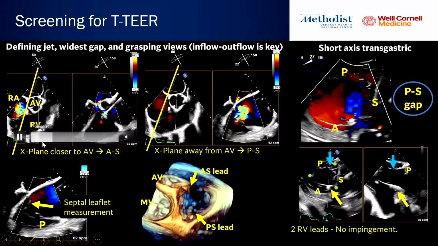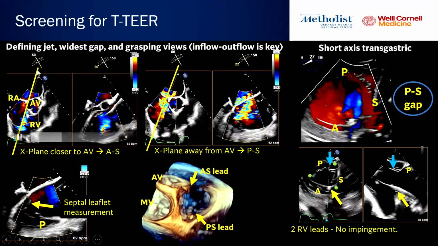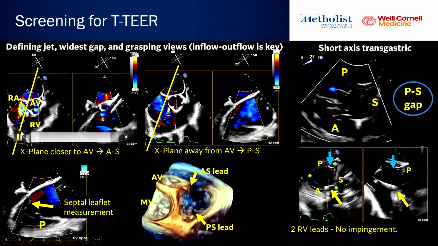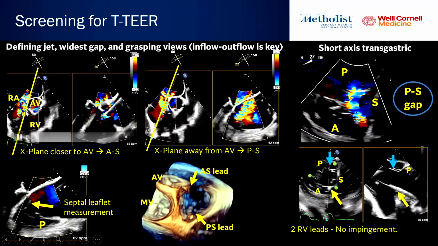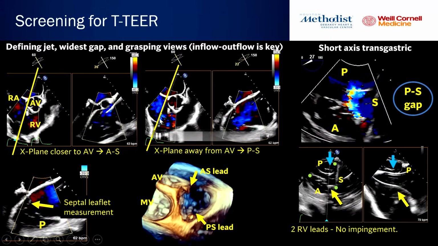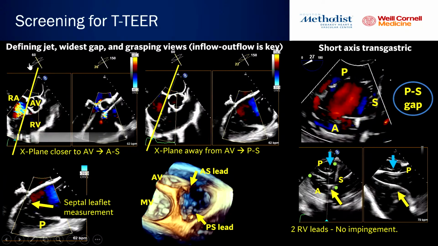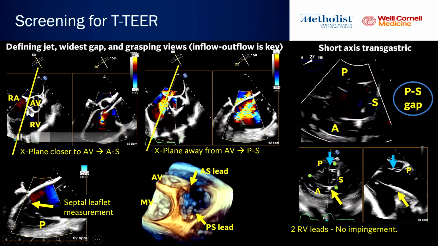So this is an x-plane of the inflow-outflow. And I highlighted the x-plane line here in yellow, so we can see where it's crossing. So this is our tricuspid valve, as we know. Here is our tricuspid valve, so very same view, around 60 degrees. Here I'm x-planing closer to the aortic valve.